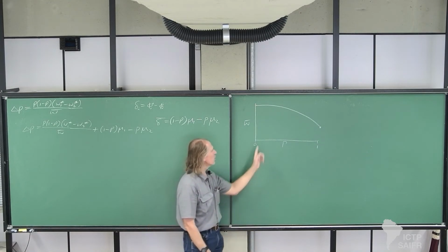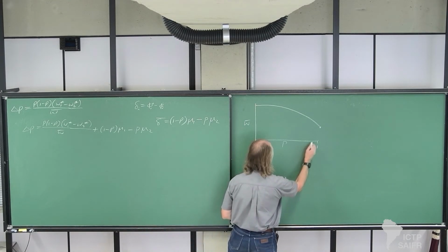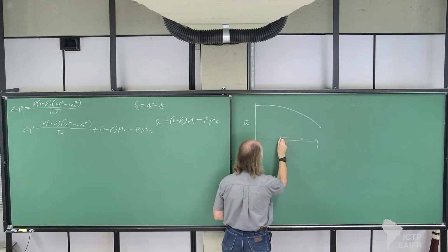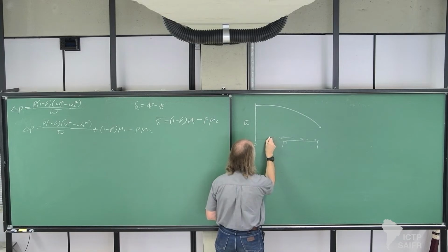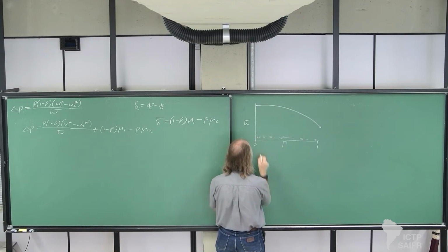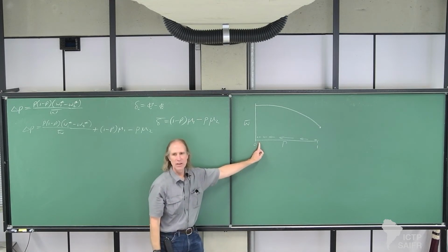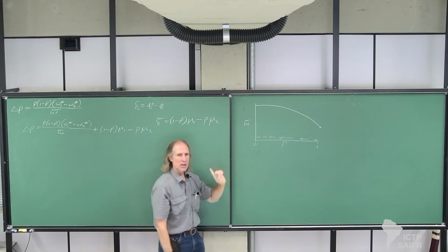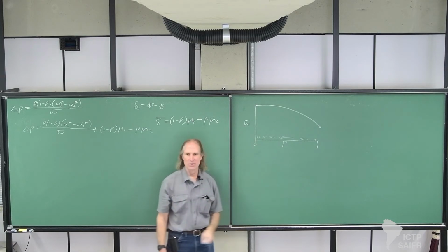And so, in other words, this is a case where selection's pushing you ultimately towards P equals 0, but it's getting incredibly weak down here. Weak enough that mutation might be able to have an effect here.